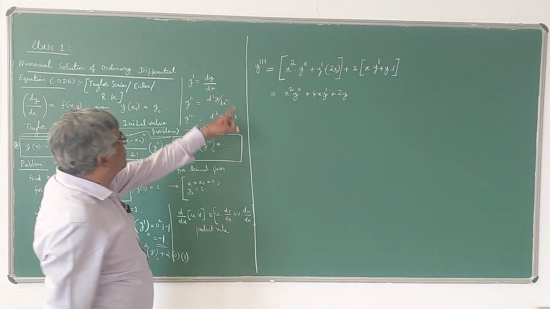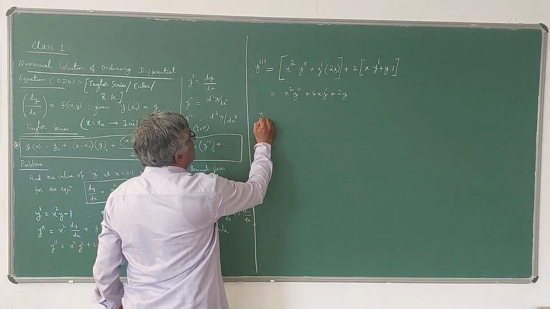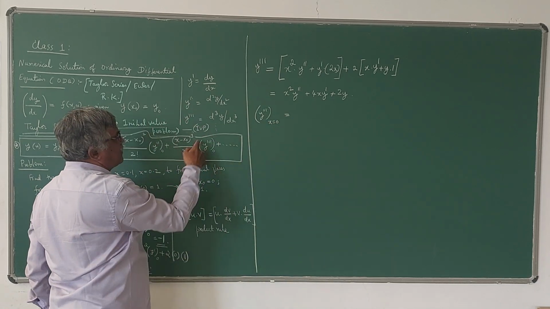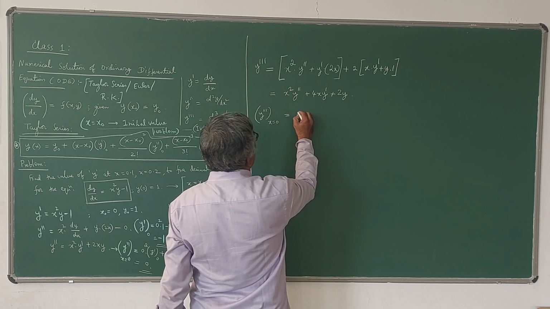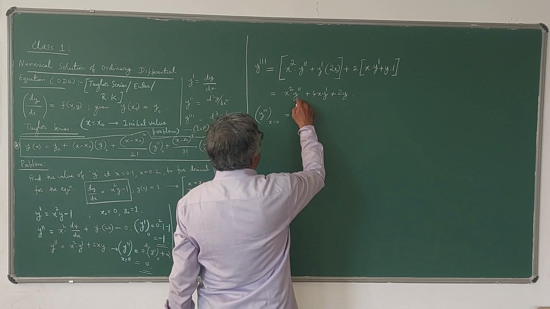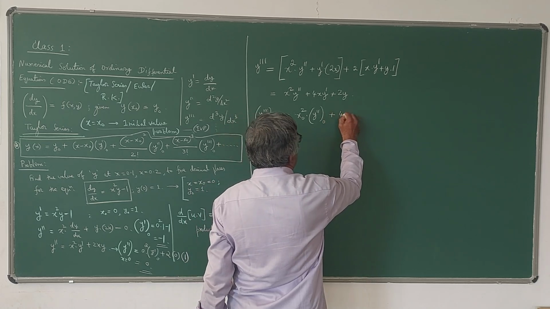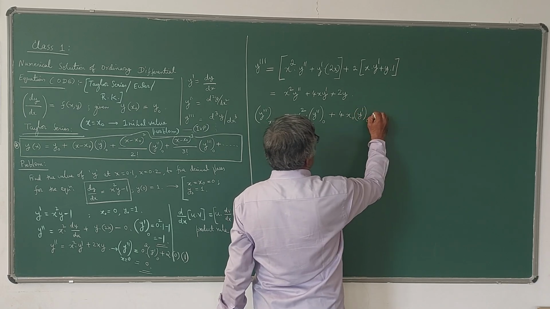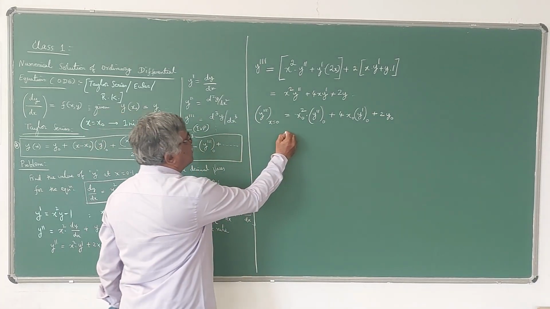Now I need the value of this y triple dash at x is equal to 0. So let us find out y triple dash at x is equal to 0. That is this value. You have to put the value of x as 0, that means x naught. This is x naught square into the value of y double dash at x is equal to 0, plus 4 into x naught into the value of y dash at x is equal to 0, plus 2 into y naught. So like this we can write. Now go on substituting.